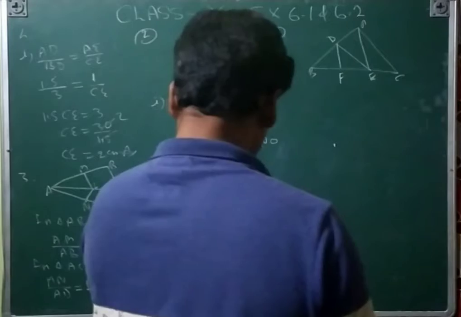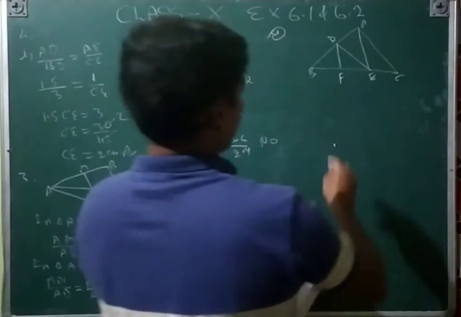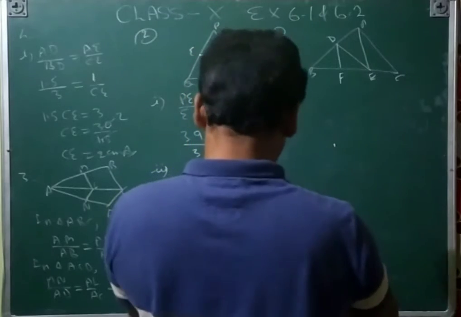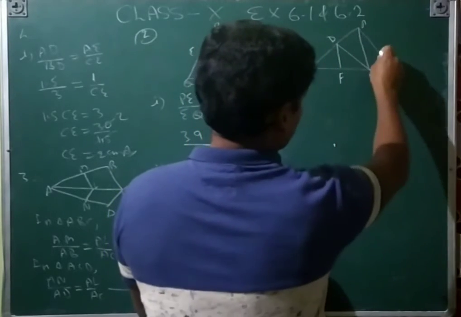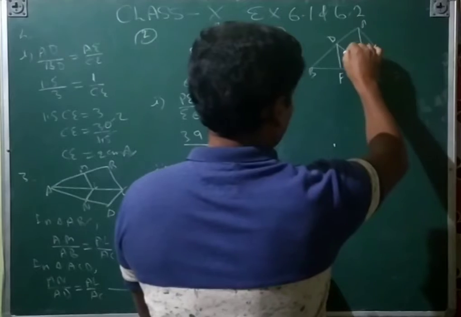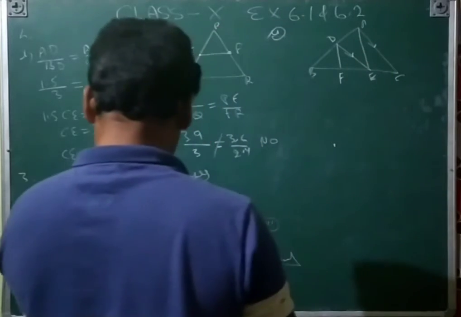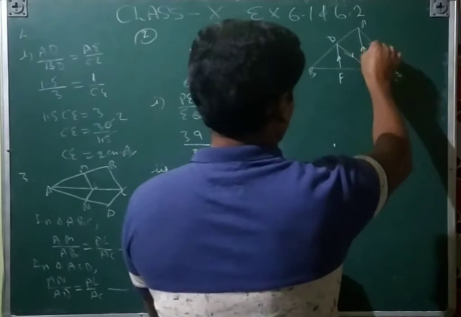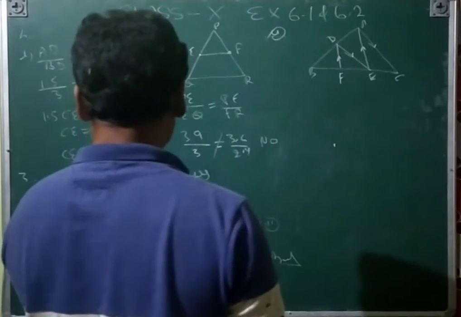Now DE is parallel to AC. These are the parallel. And then DF is parallel to AE. These are also parallel. This is the sign of parallel.